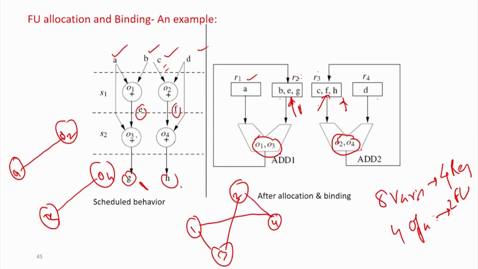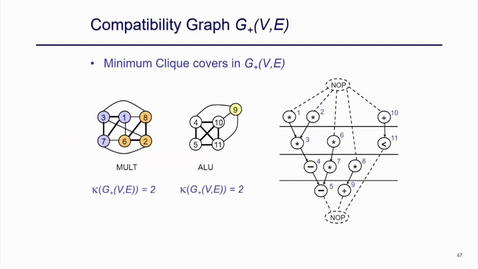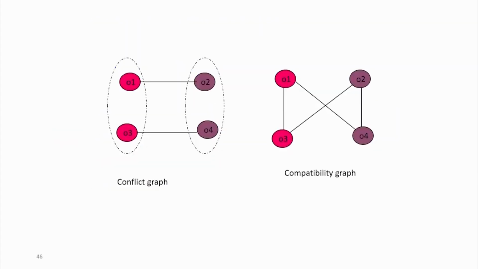So, from this schedule we can construct either a conflict graph or a compatibility graph. And how does it help? For a compatibility graph, if there is an edge, it means they are compatible, they can be scheduled using the same adder or same resource, right.